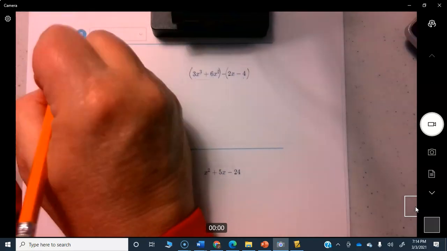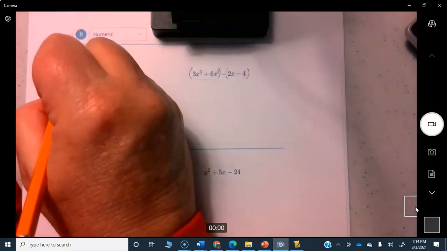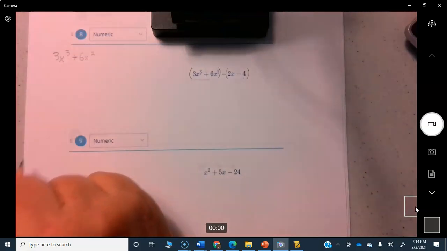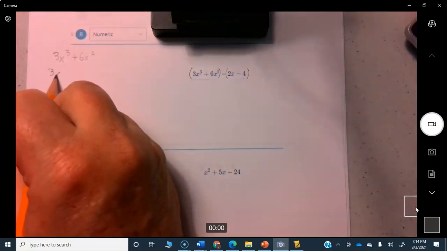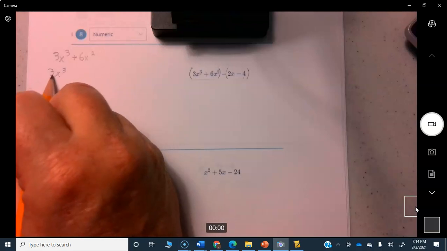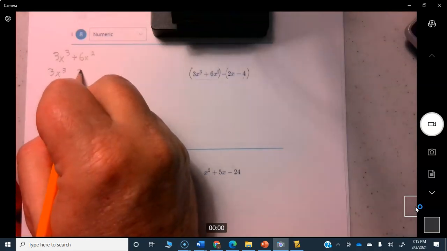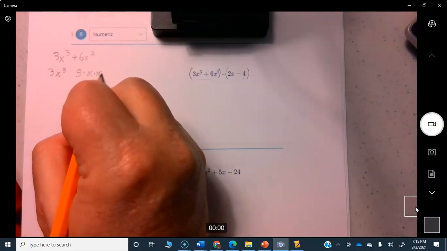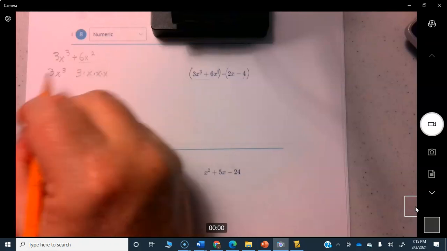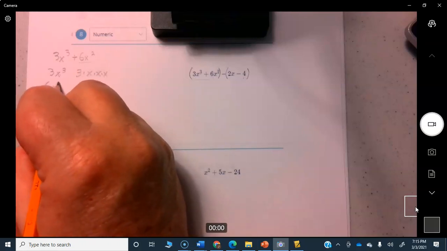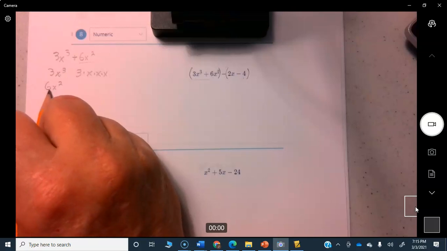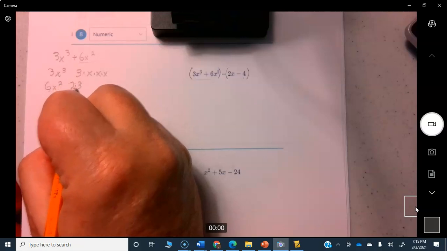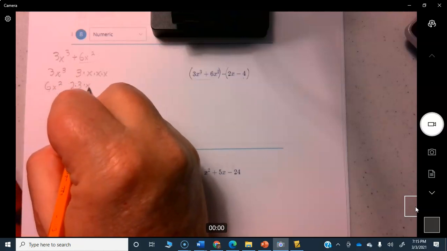3x to the third plus 6x squared. Okay, so I'm going to take the 3x to the third. You can't factor 3 any further, so it's going to be 3 times x to the third is x times x times x. And then the 6x squared, and you can factor that into 2 times 3. We've already done that, so I won't show you that again. And then x squared is x times x.